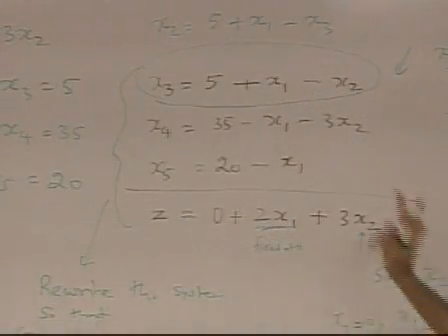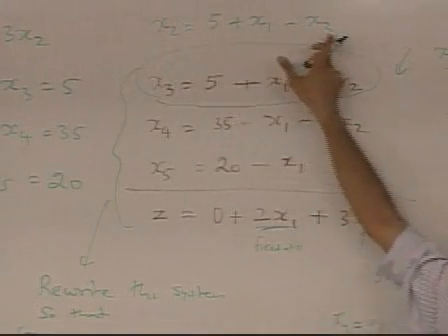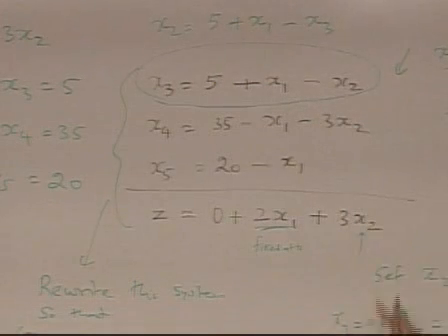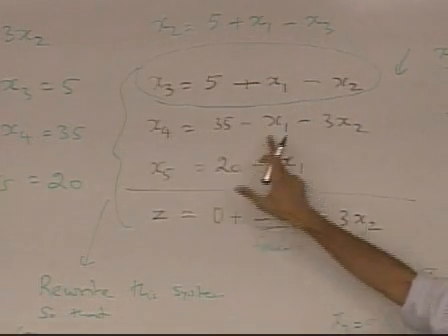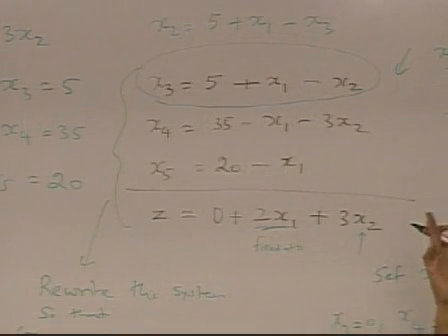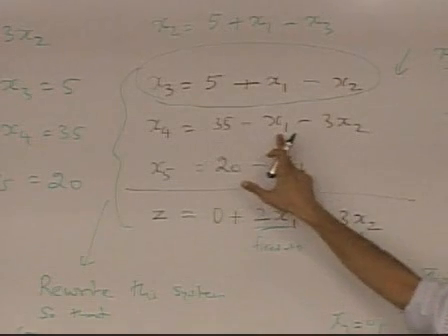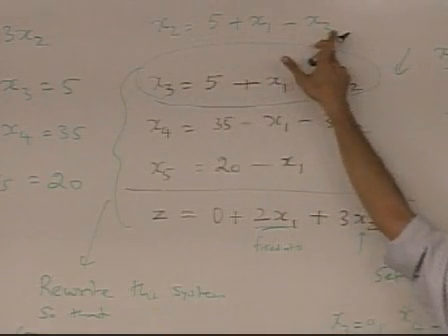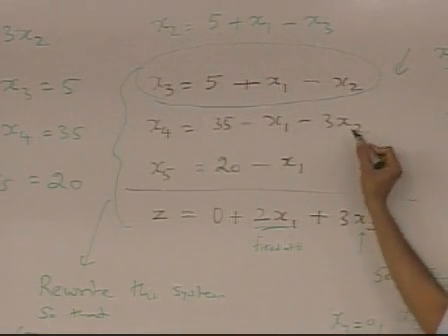So now I have x2 in terms of x1 and x3. I want x4 and x5 in terms of x1 and x3 also. Okay, but I've already done the hard part. x4 is in terms of x1 and x2, but I know x2 in terms of x1 and x3, so I could just substitute it here.